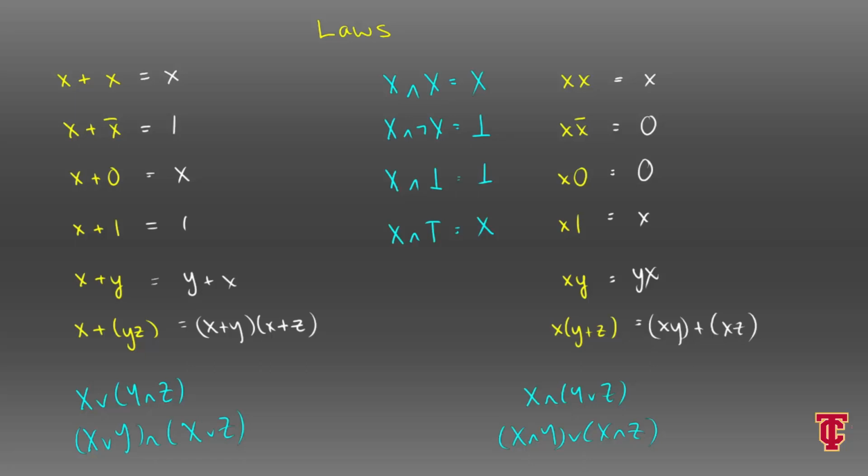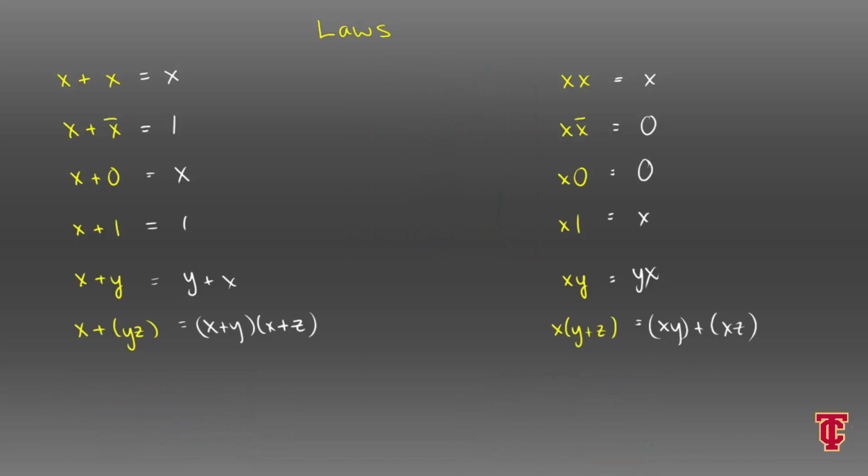Let me clear this up a little bit and get some of these things out of the way so we can see our results. The nice thing about this is that in some of these cases, it's very intuitive from regular algebra how this works.